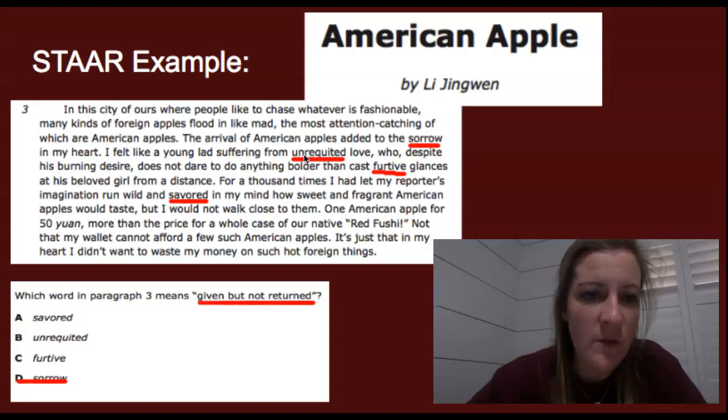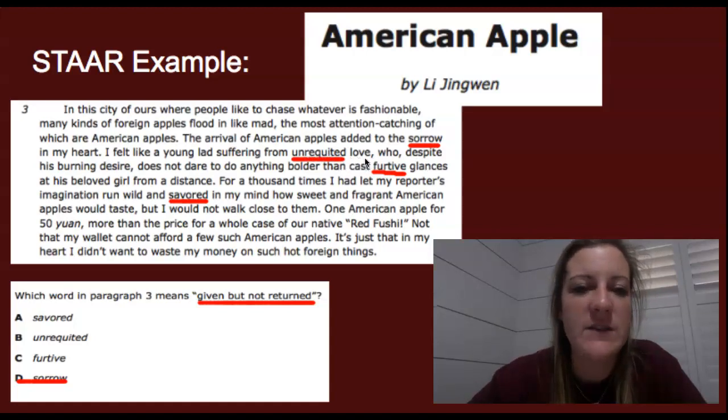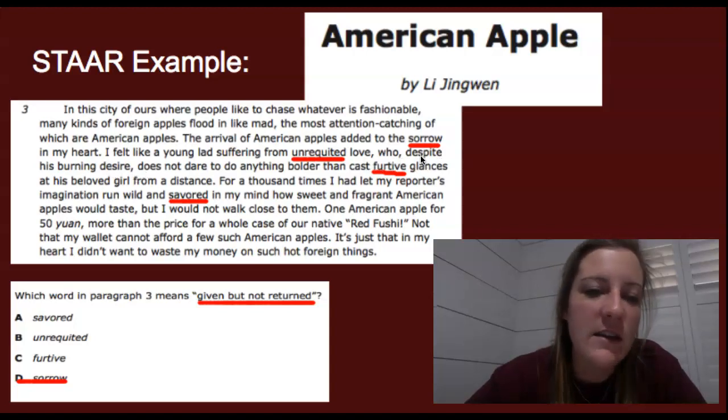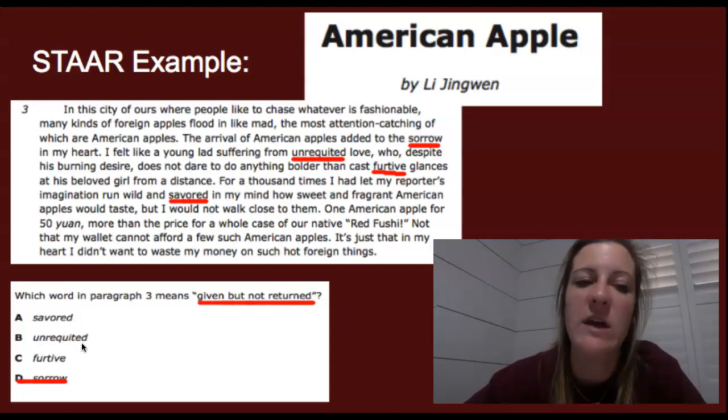The word unrequited, we can figure out based on this part: despite his burning desire, that he's trying to give something, that even though he has this desire and has this feeling, he doesn't dare act on it. Okay. And so if he has this feeling, is it returned if he's not going to act on it? So unrequited can be held on to.